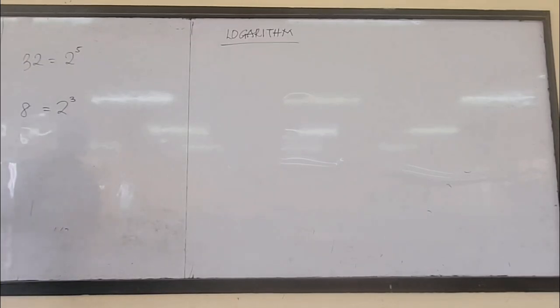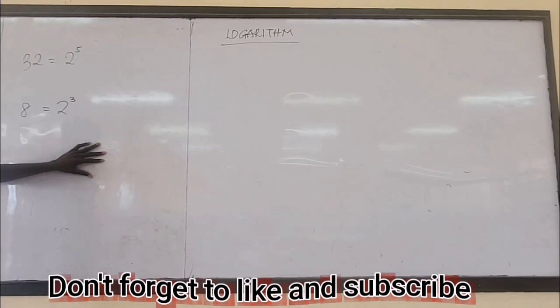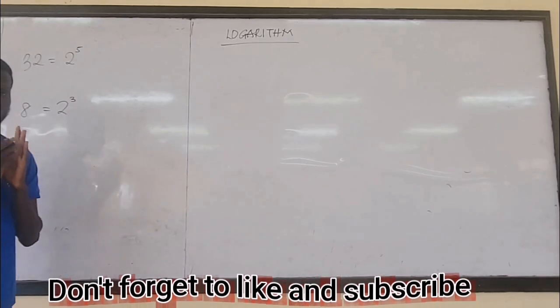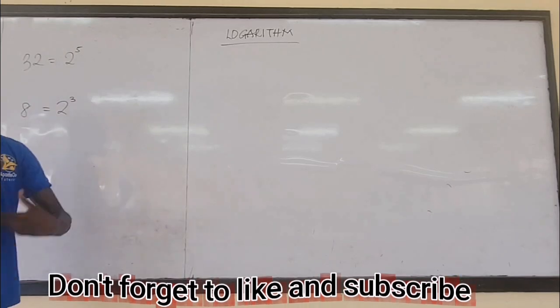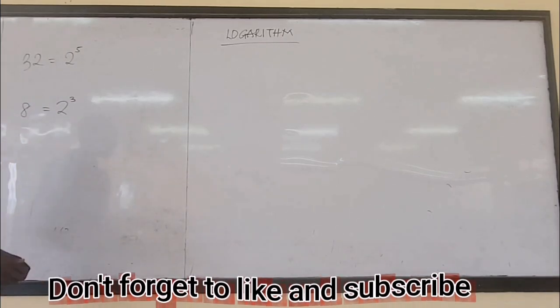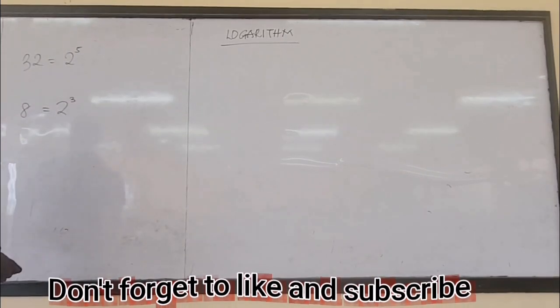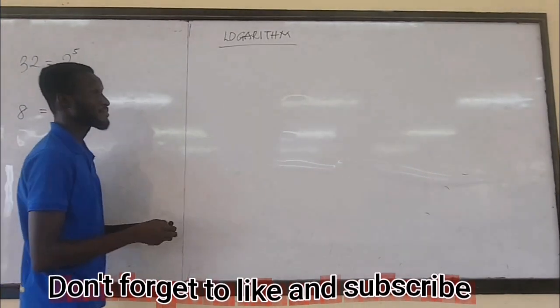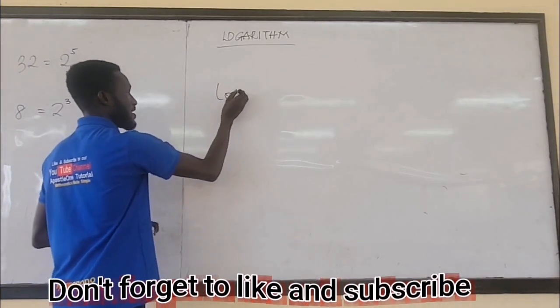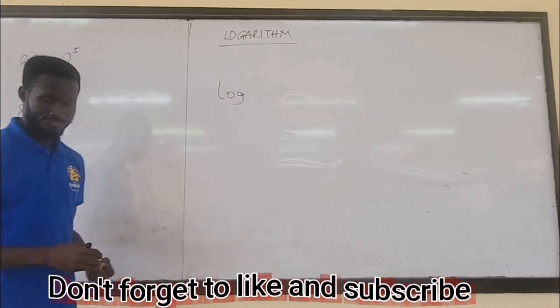Now, with the introduction of logarithm, you can express this in the form of logarithm. Look at it very carefully, because in some objective tests they will ask you to express this in the form of log. So let's look at how we can express it. The simple form of logarithm is log. We use the first letters to represent logarithm.